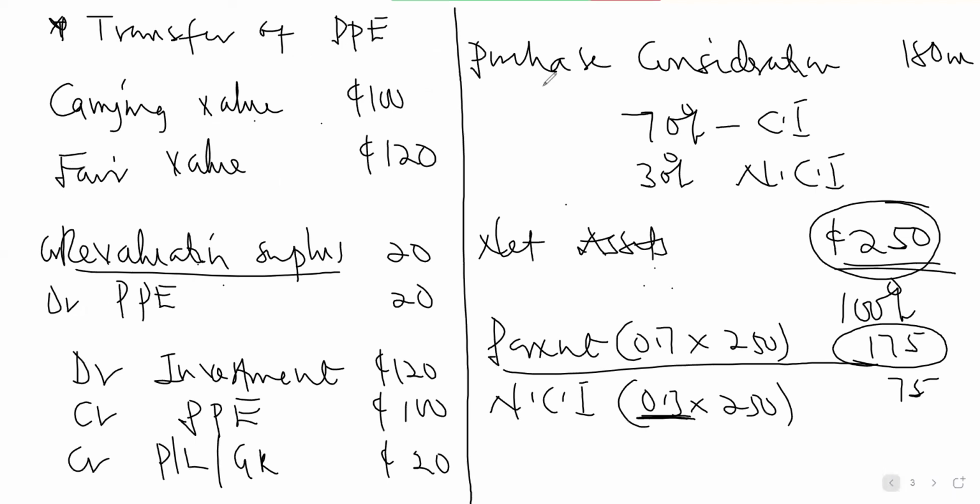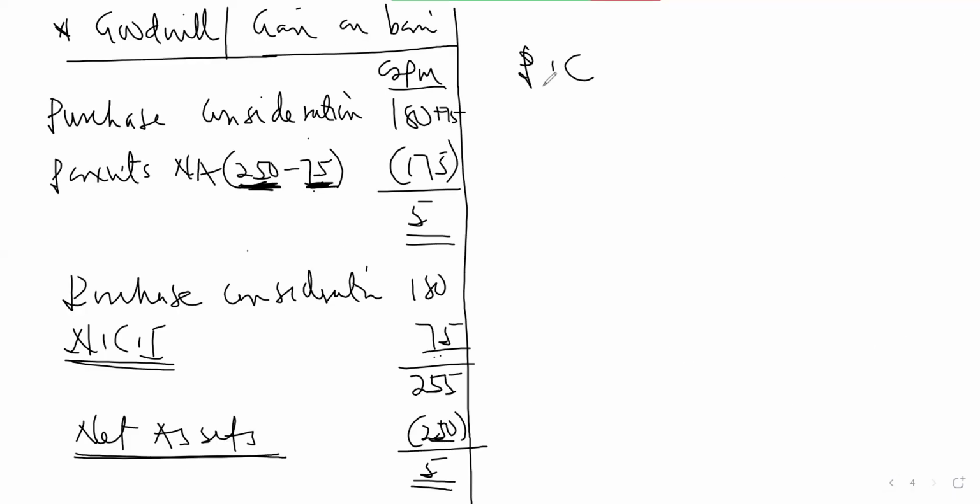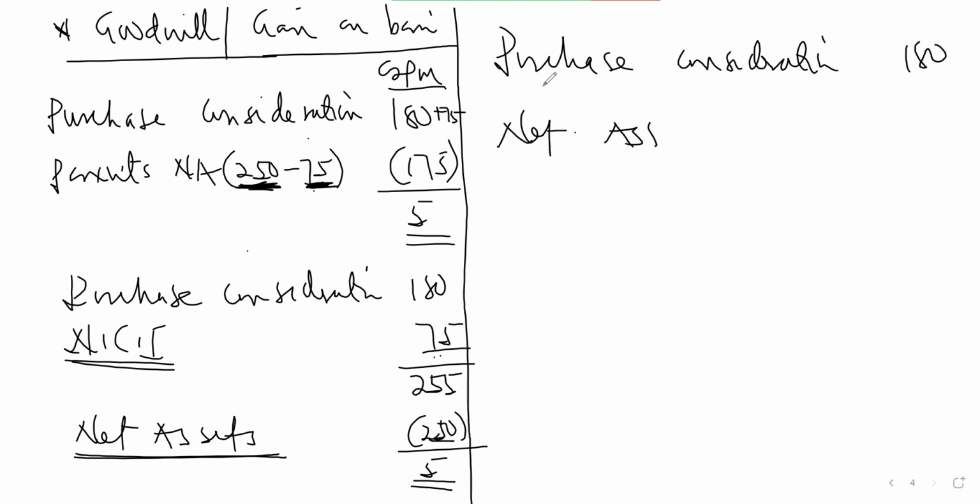But if the question has given you that, they can say the purchase consideration is 180, but the net asset of the company is still 250. But I will tell you that the fair value of the non-controlling interest is 80.